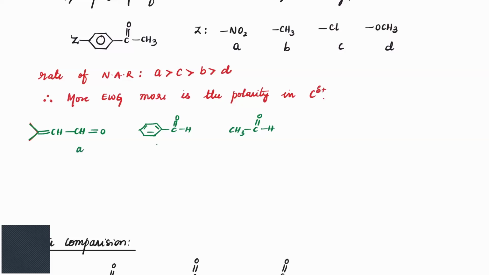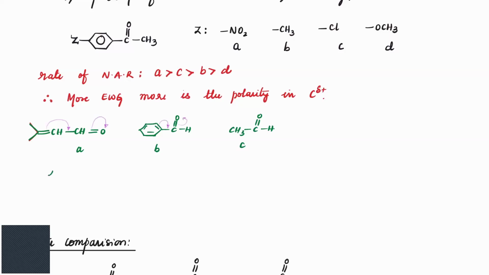If this is A, B, and C, you notice this one, due to the strong resonance here, the delta positive charge on the carbon drastically decreases. Here also sufficiently strong resonance is happening, which will also decrease the delta positive charge.